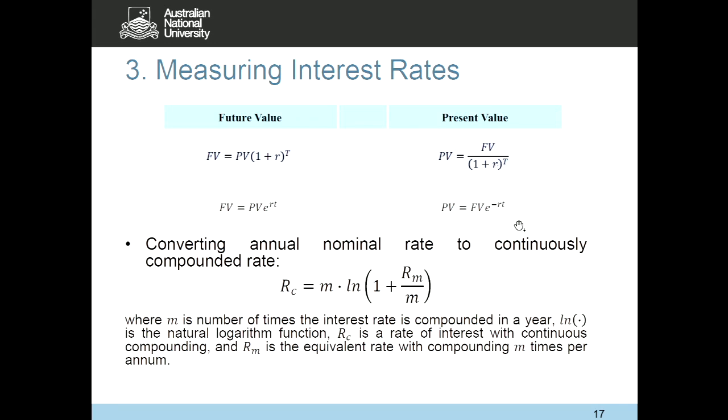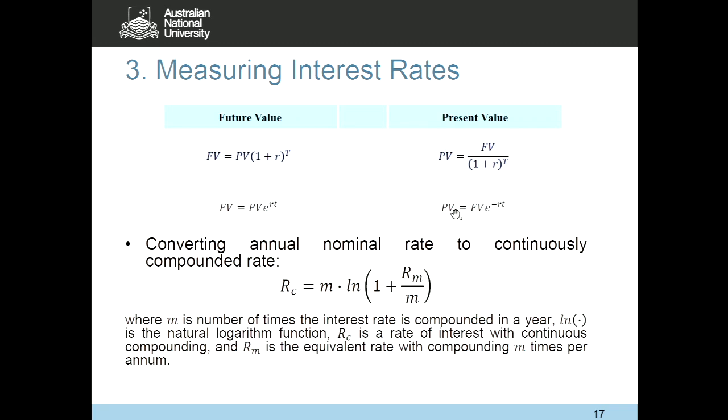But with continuous discounting, you take the future value and multiply by e to the power of minus rt, and that gives you the present value. You simply put a minus sign in front of the rt. That means you are discounting it back.